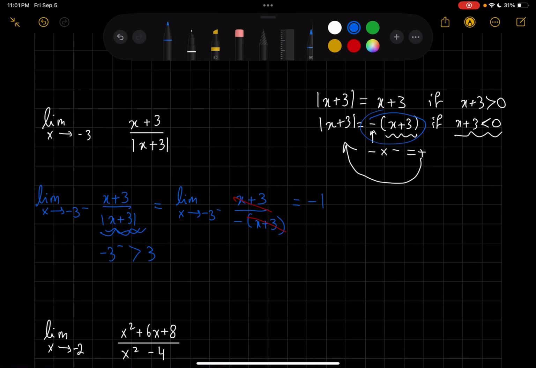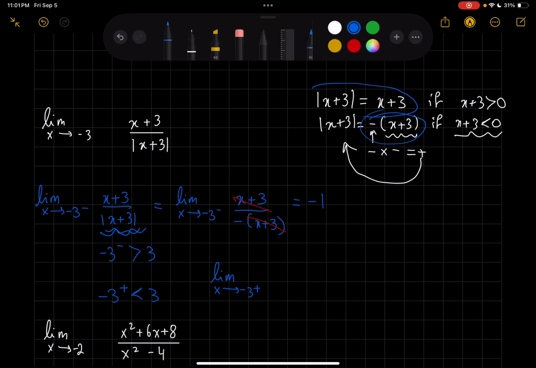Now similarly, if I have limit as x tends to -3 plus, I know for sure that -3 plus is bigger than -3, because -3 plus is -2.99999. So now I know that the absolute value of x plus 3 is going to be a positive value.